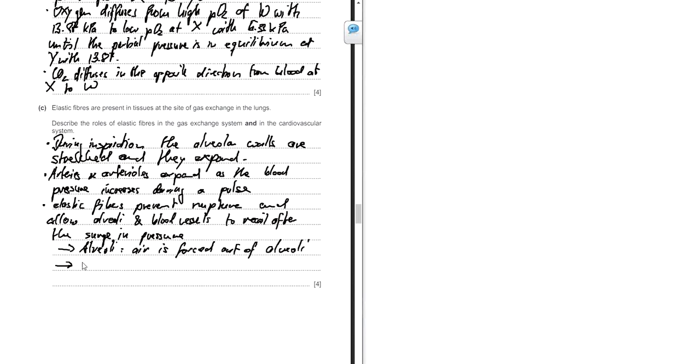And in the arteries, the elasticity maintains a high blood pressure.